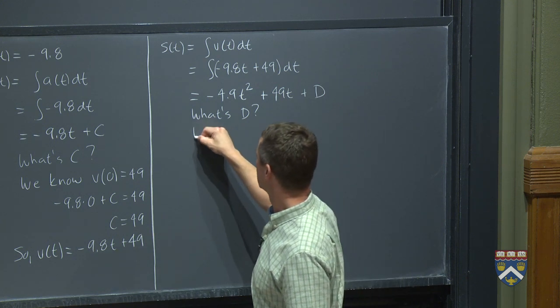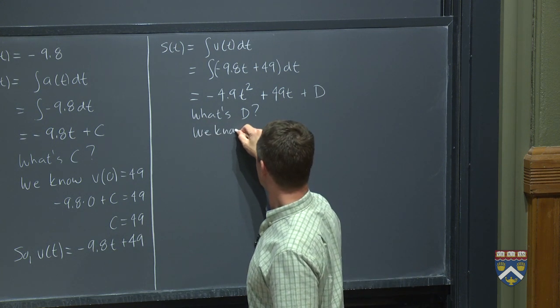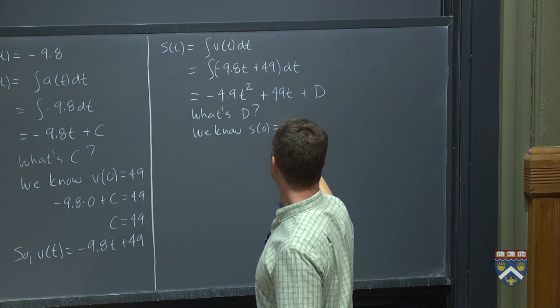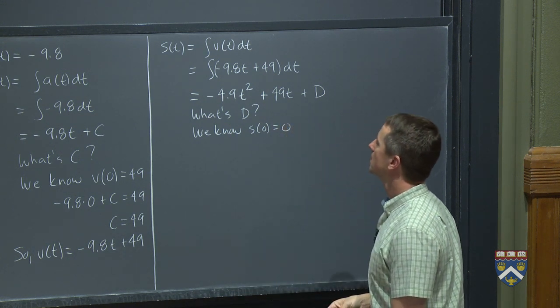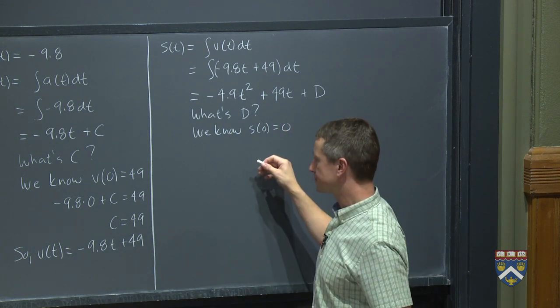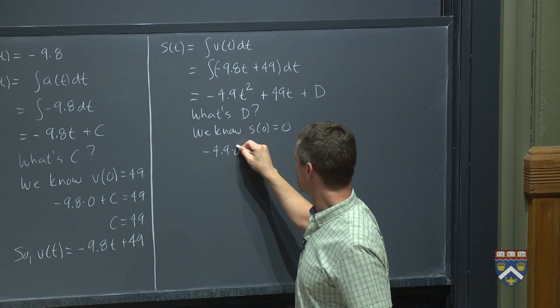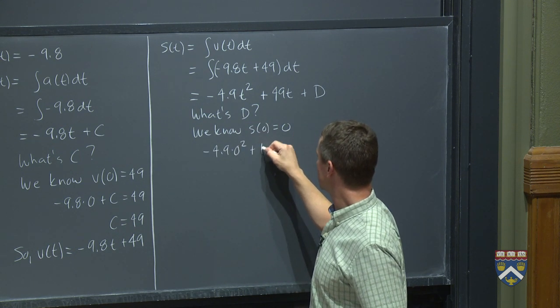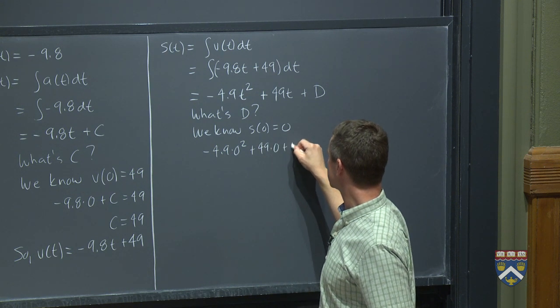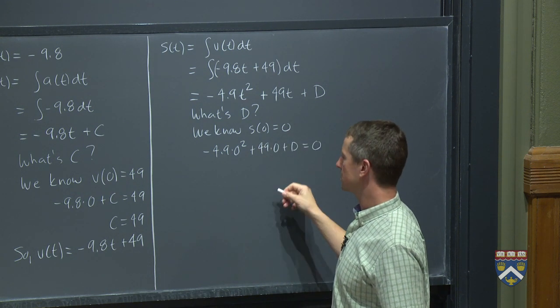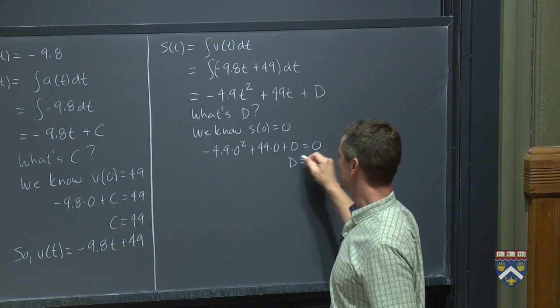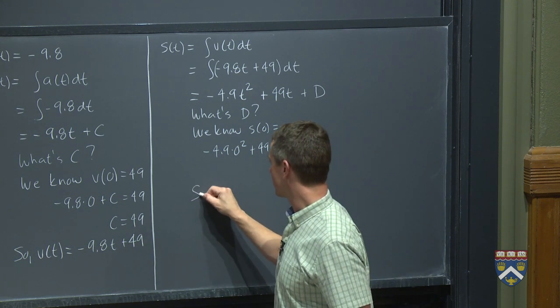So we know s of 0 is 0. So if I plug in 0 into this, negative 4.9 times 0 squared plus 49 times 0 plus d equals 0. That's only going to happen if d itself is 0. So now we have our formula for s of t.